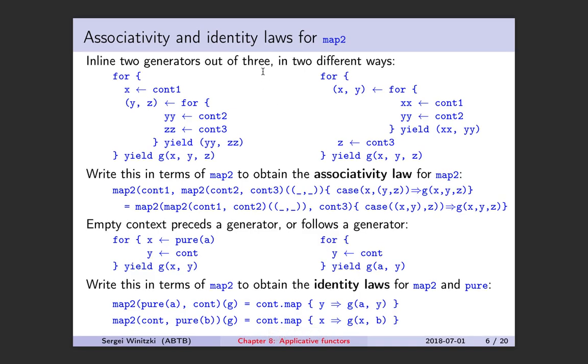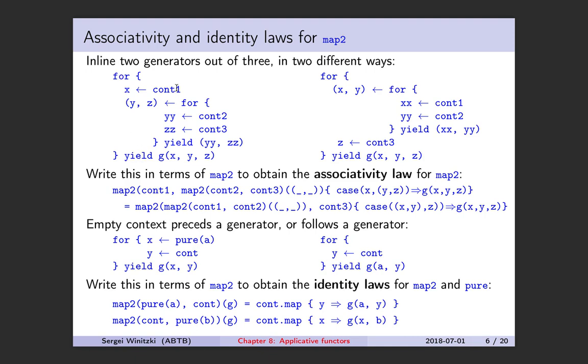Also, the monads have identity laws and associativity laws. So let's look at those. The associativity law is that we can inline the generators in a for yield block or a functor block that is on the right hand side, and that should be the same as when we write all of these in a single flat for yield block.